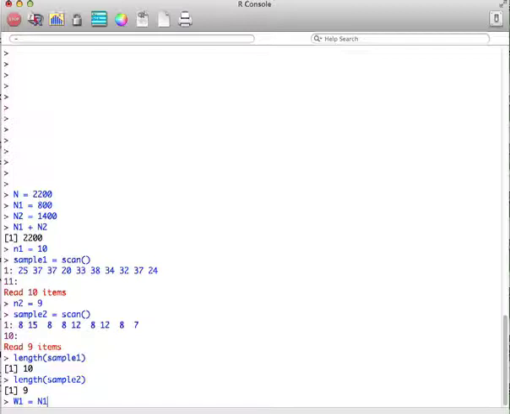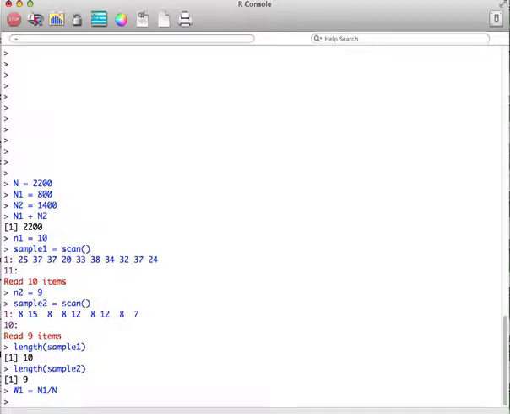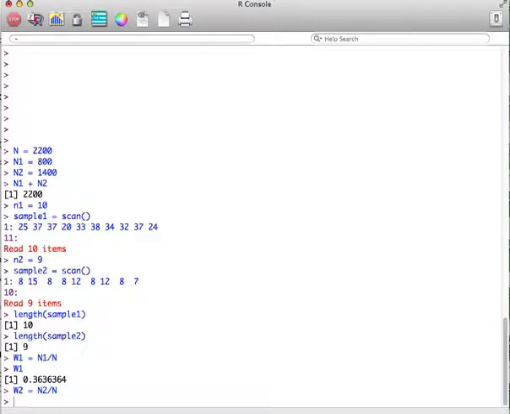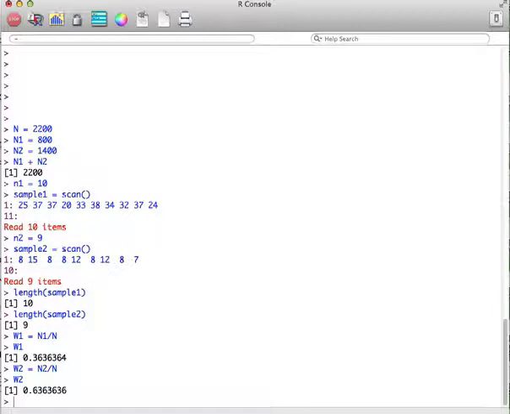So the size of strata 1 compared with everything is 36%, and the size of the second strata is 63%. Okay, that's the 800 over 2200 and 1400 over 2200.